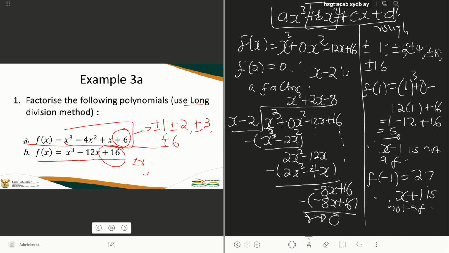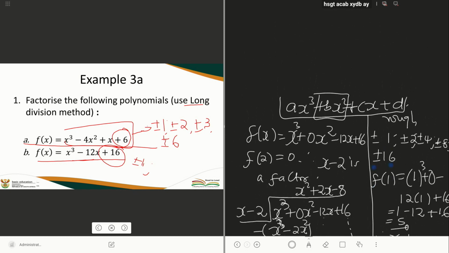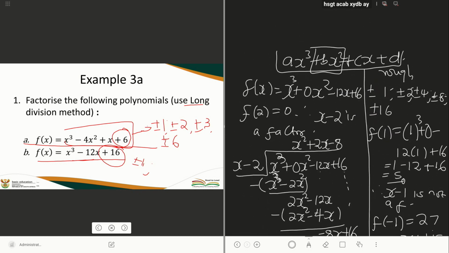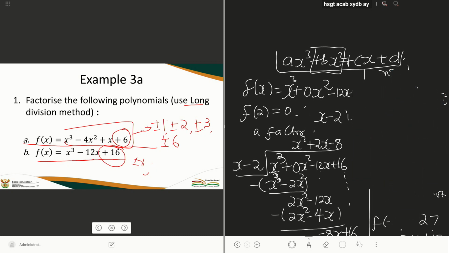If your remainder is 0 like that, you can always apply your dividing rule to say now the dividend is equal to the divisor multiplied by the quotient plus the remainder.